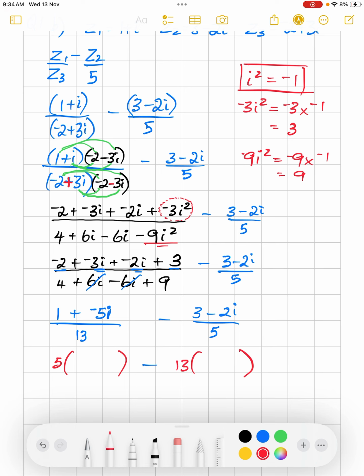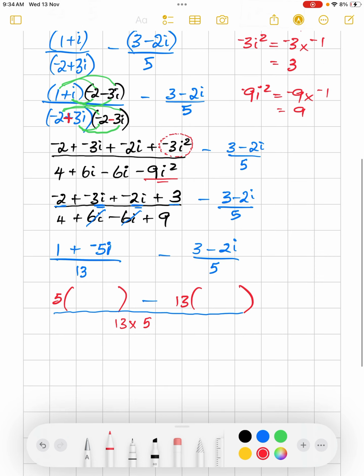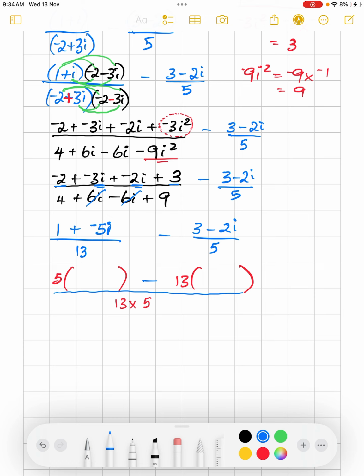That's the denominator from the other fraction. And then all over, we're going to have our denominator as being 13 times 5. And so we'll fill this in. 1 minus 5i, 3 minus 2i. Okay, we'll get common denominators of 65.